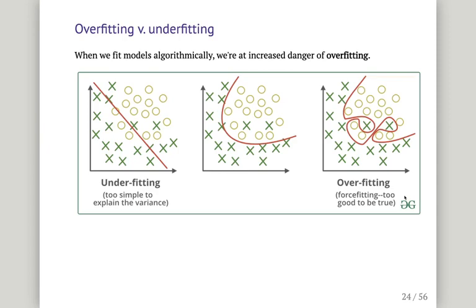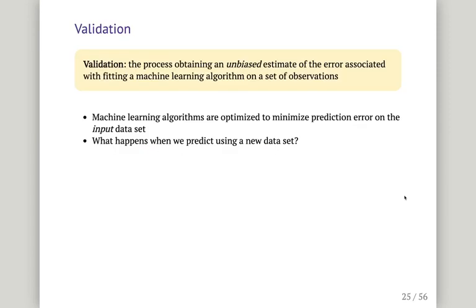The problem with overfitting is that we end up in a situation where we perform really, really well on the data that we've used, but we perform less well with new data or new observations. We've essentially tried to make too much of a pattern of the data we have at hand.